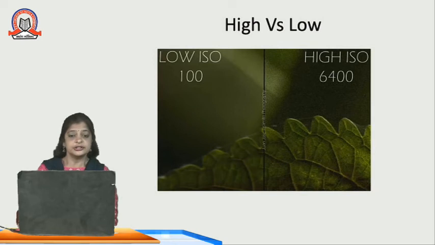These dots are also called grains. This grainy picture won't give you that much sharp effect, and people are not getting a superior quality of print because of this grain.